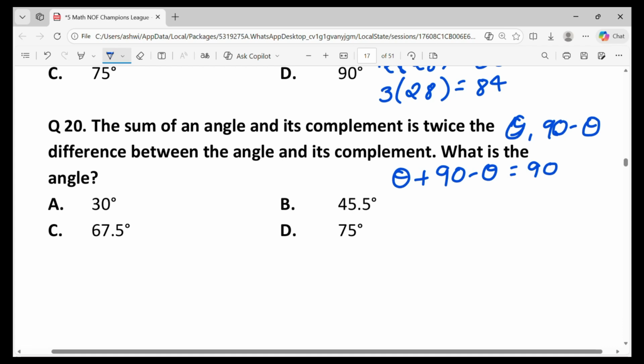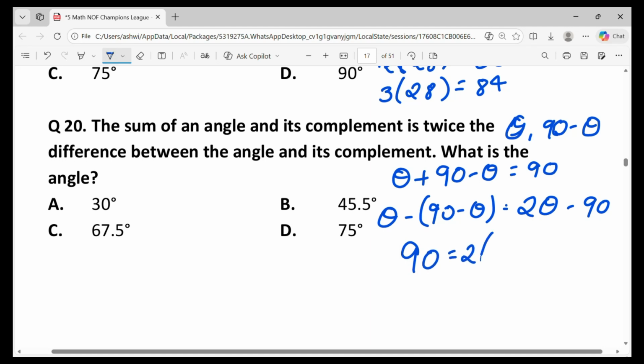And the difference between the angle and its complement, that is theta minus (90 minus theta), is equal to 2 theta minus 90. The sum is twice the difference, so 90 is equal to 2 theta minus 90. That gives us theta is equal to 67.5. That is option C.